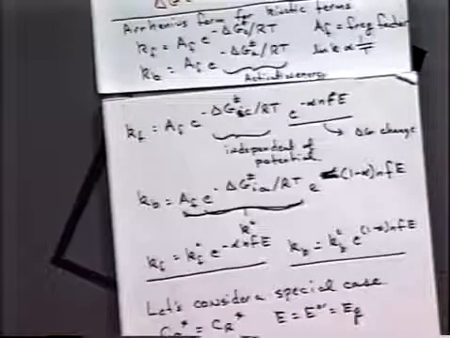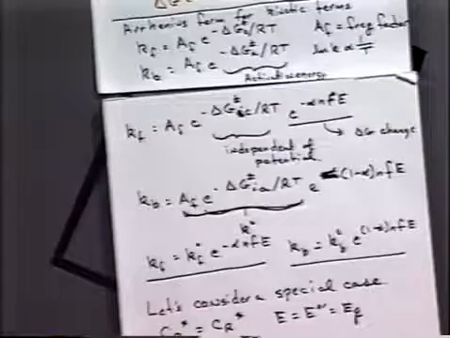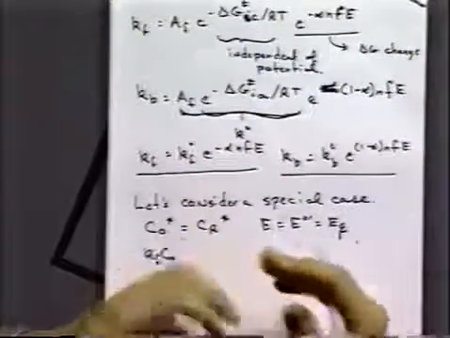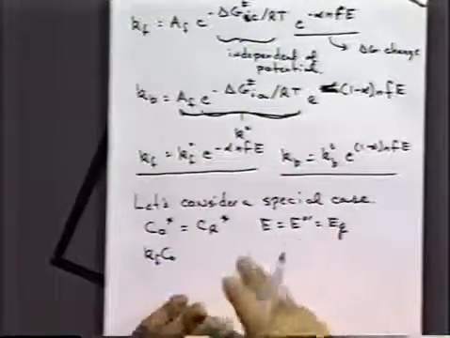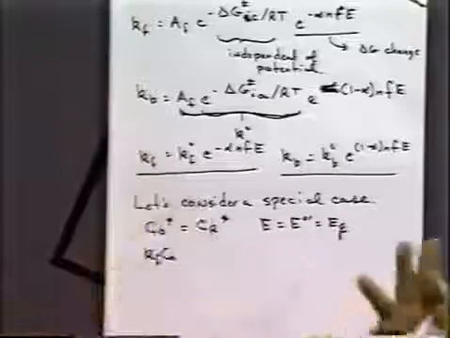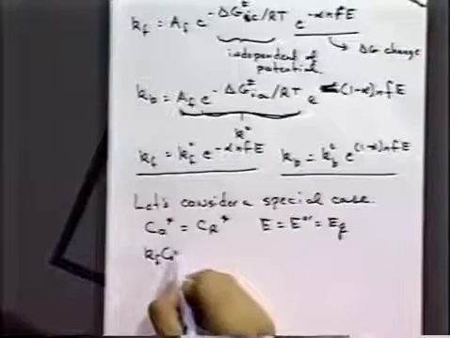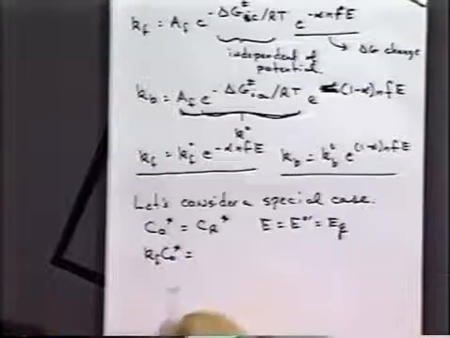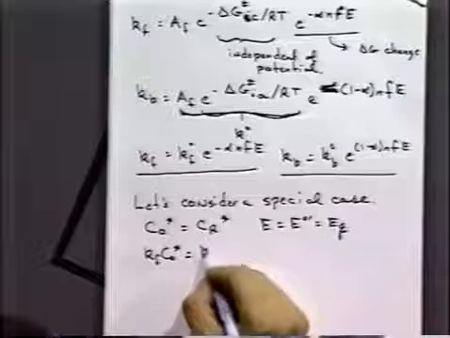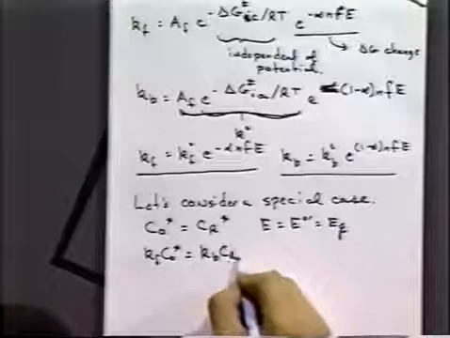In this particular case then, since we're now at equilibrium, the forward rate velocity is equal to the reverse rate velocity. So as we already wrote down, Kf CO star is going to be equal to Kb CR star.